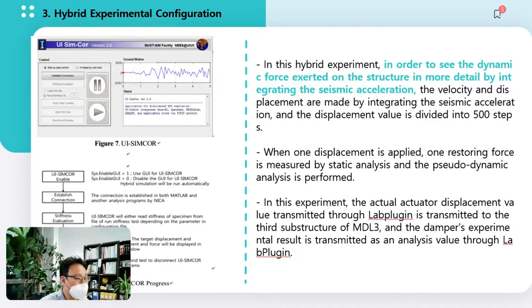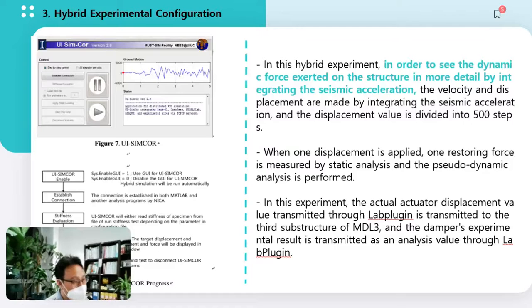In this hybrid equipment, in order to see the dynamic response of the structure in more detail, it is made by integrating the seismic acceleration, the velocity and displacement, divided into 500 steps.